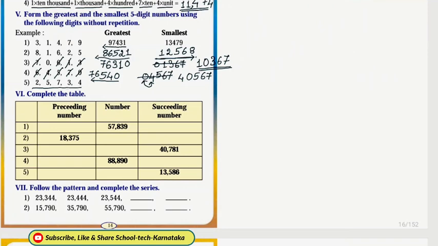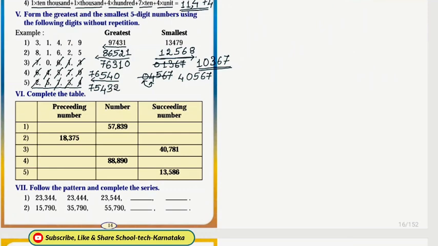So the given digits are 5, 2, 7, 3, 4. Our greatest digit in these 5 digits is 7. And then from the remaining 4 we have 5, remaining 3 we have 4, I write 4 here, and 3 and 2.